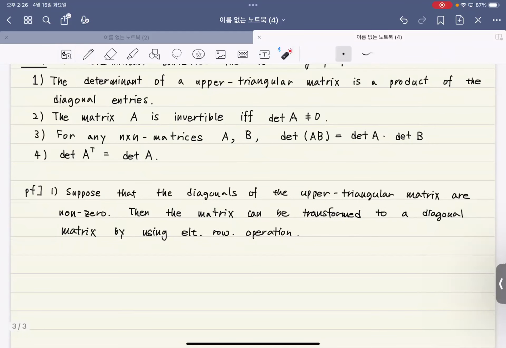Therefore, the determinant of this original upper triangular matrix must be the same as the determinant of this diagonal matrix. So we are interested in finding the determinant of the diagonal matrix with entries A11, A22.